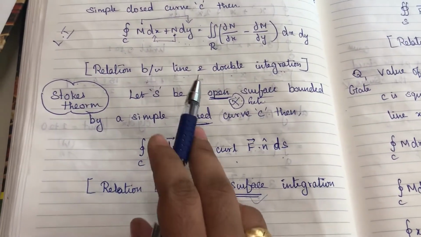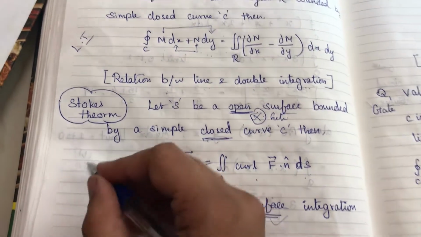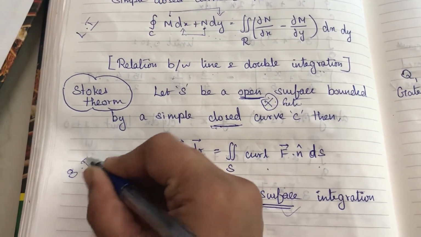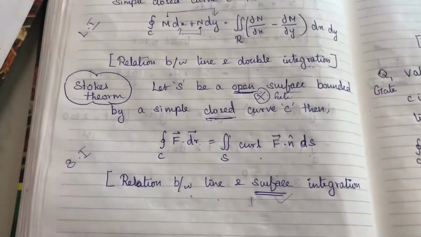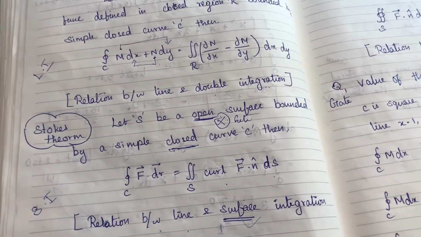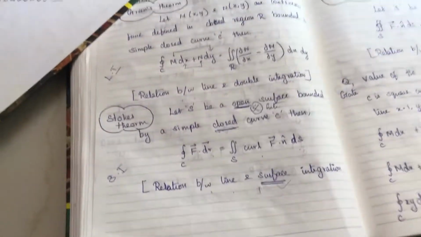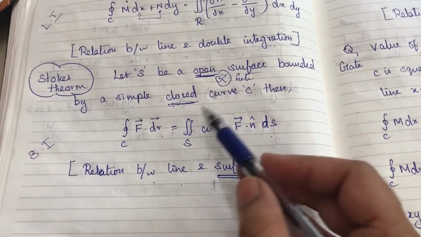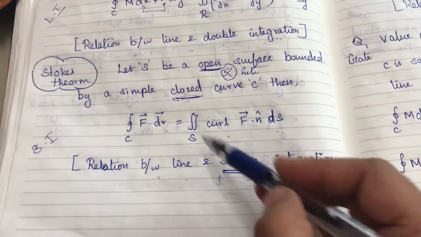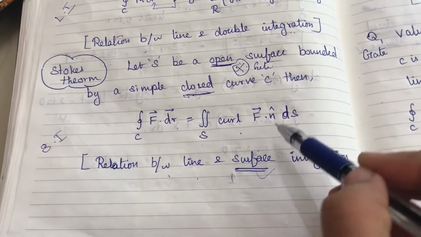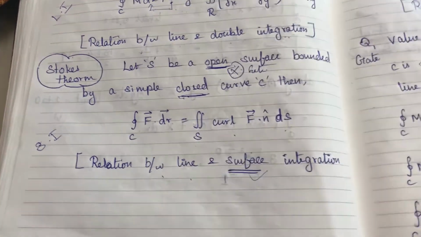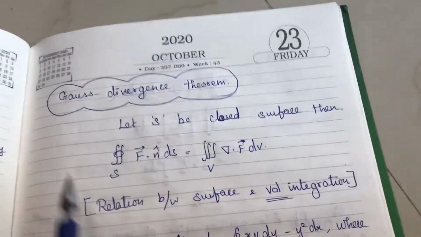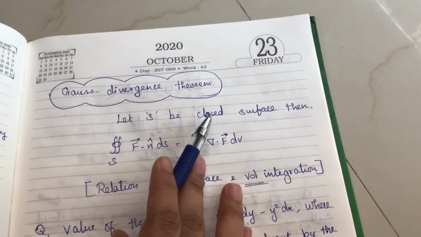You can see here that Stokes comes under surface integral. So the formula is the integral of f dr equals the double integral of curl of f vector dot n cap ds. And the last one is the Gauss divergence theorem.